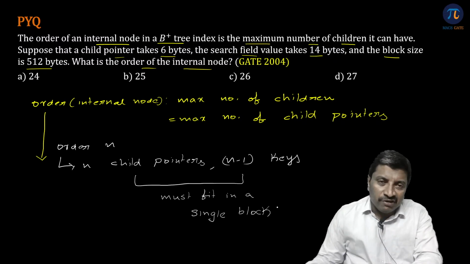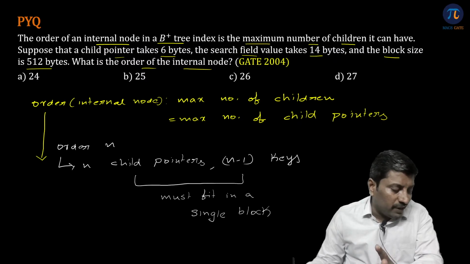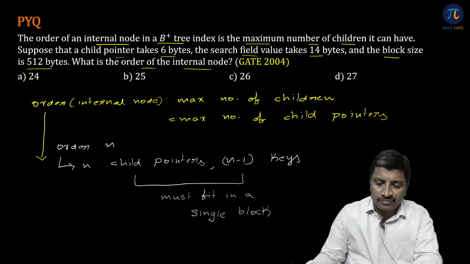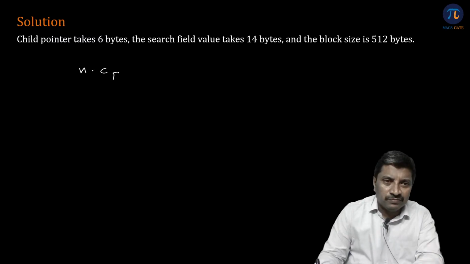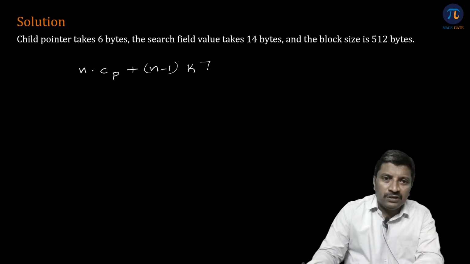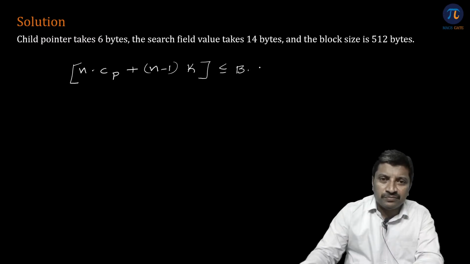Now let us write the formula and solve for the value of n. So this is what they have given, sir. n child pointers plus n minus 1 keys. The sum of all these sizes must be less than or equal to the block size.